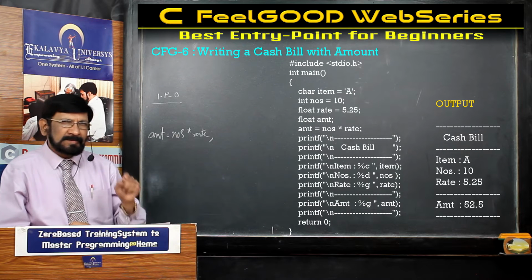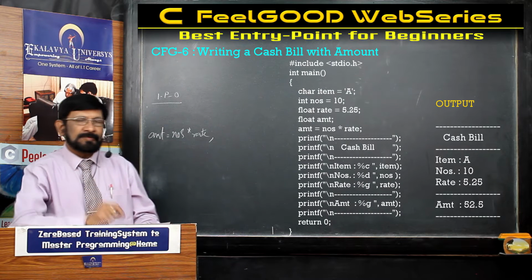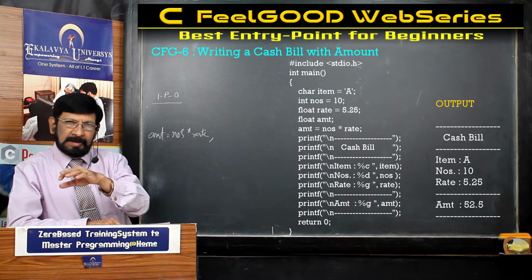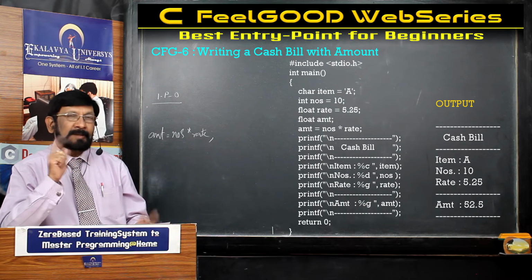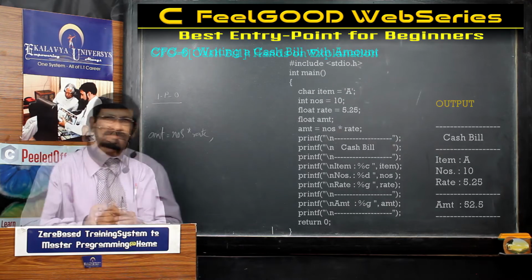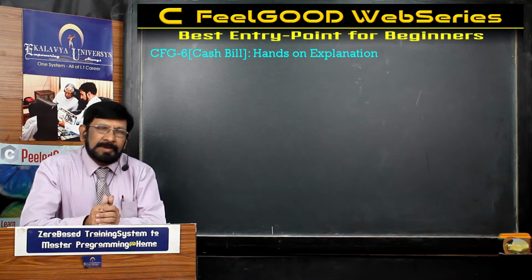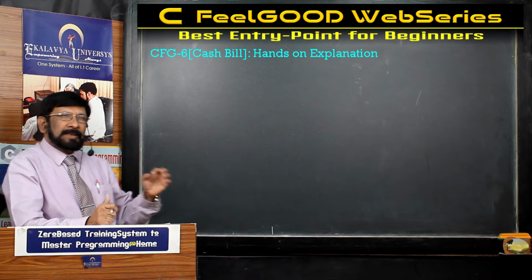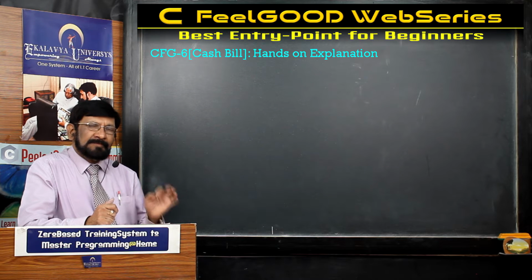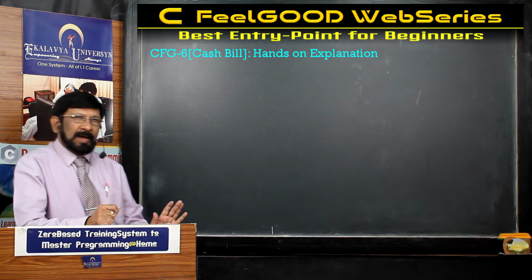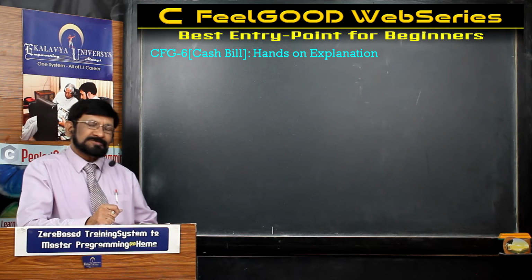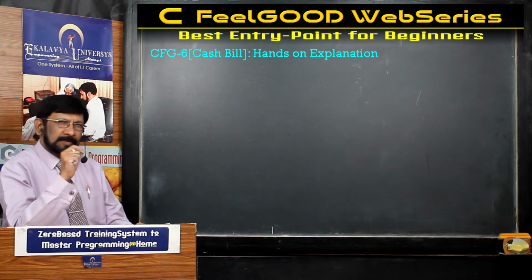Whatever new points you learned in this, make a note of it. In every next program, you will find a processing section. In order to enable you to have better focus on each and every element in the program, I give you a hands-on explanation. On this program, I give you a hands-on explanation.